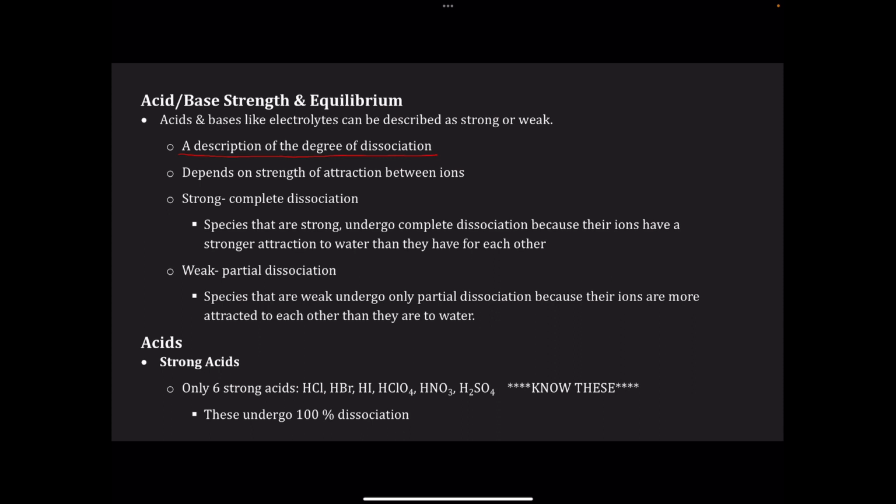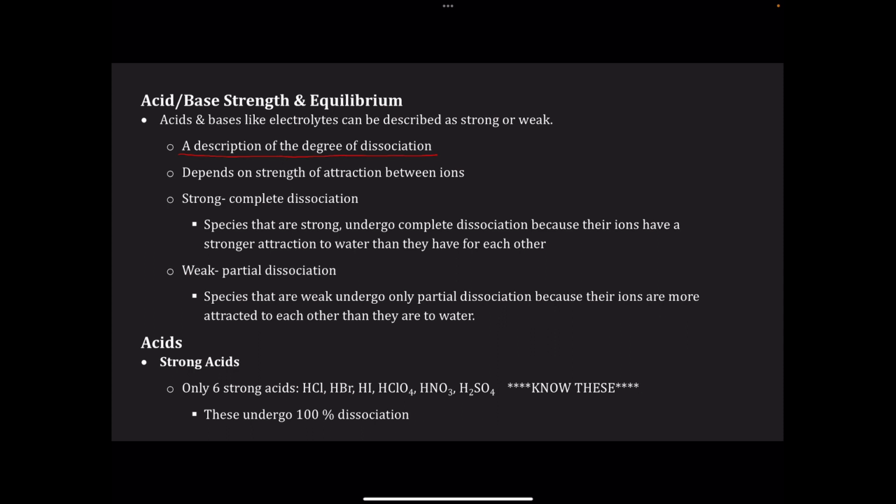Species that are strong undergo complete dissociation because their ions have a stronger attraction to water than they have to each other. And so they're going to have this strong driving force to dissociate because they're more strongly attracted to water than the original compound bonds. Now, substances that are described as weak are going to undergo only partial dissociation.